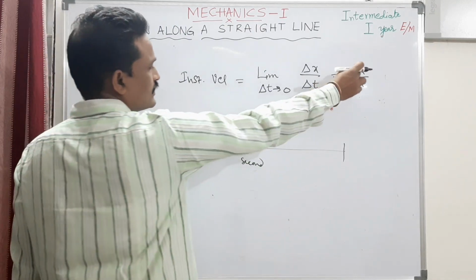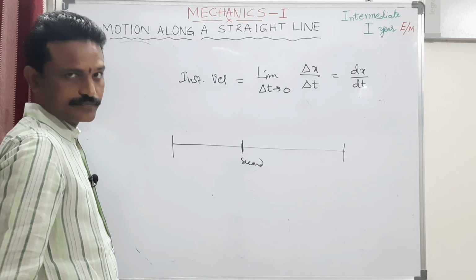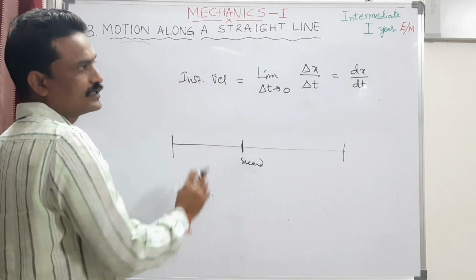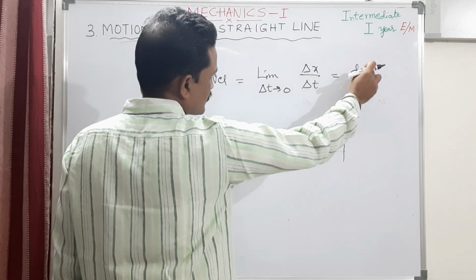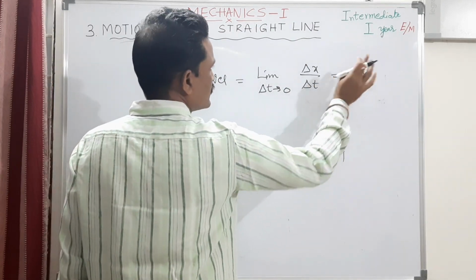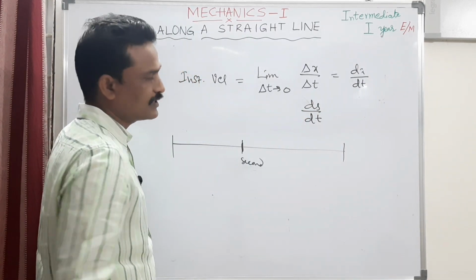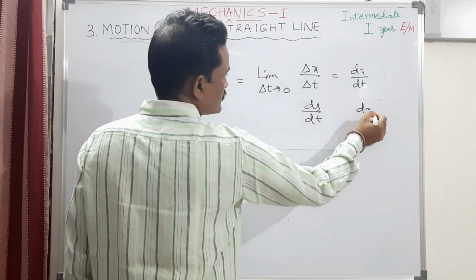So if you differentiate a distance with respect to time, you will get instantaneous velocity. That is instantaneous speed. If instead of x, if you take s, that is displacement, then that becomes velocity. So in the case of velocity, you have to use ds by dt. In the case of speed, it is dx by dt.